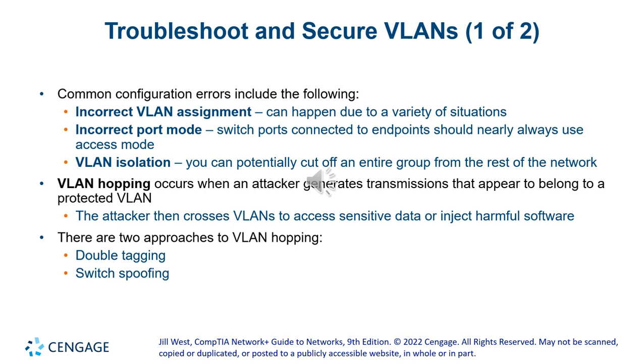Or the incorrect port mode: computers need to have an access port. If it's configured as a trunk port, it's not going to work, because the computer has no mechanism to understand trunking. And if it's configured as an access port and the other side is trunk, it doesn't match. It will not work.